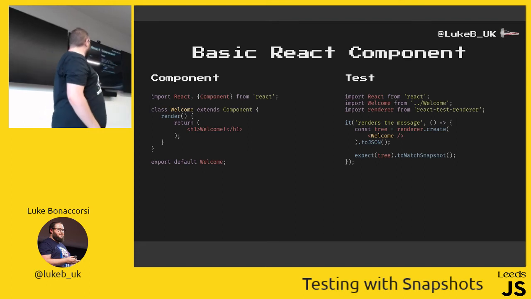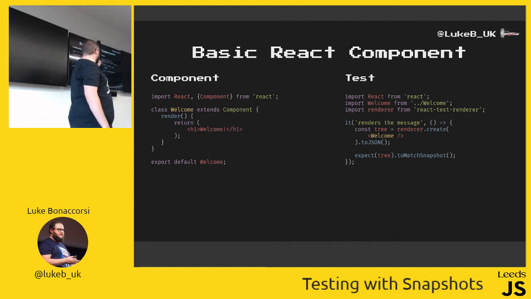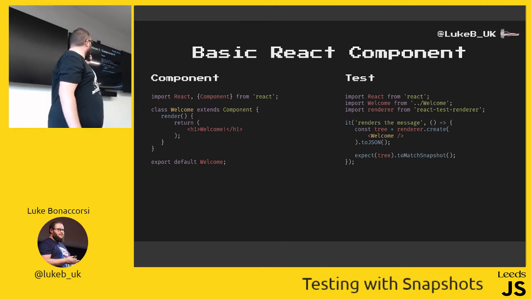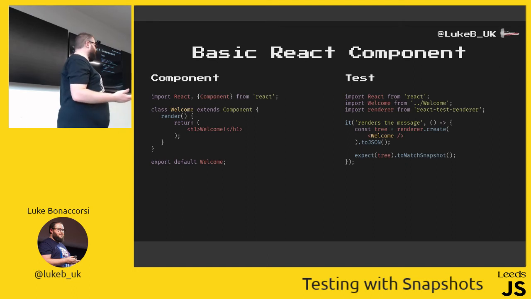And then in our tests, we pull in React, we pull in our component, and we pull in React Test Renderer, which is one of the tools you can use to render out React elements for snapshot testing. Then in your test itself, you create a renderer with that element and pass it out to JSON. I don't know why it's called toJSON because it's not really JSON.